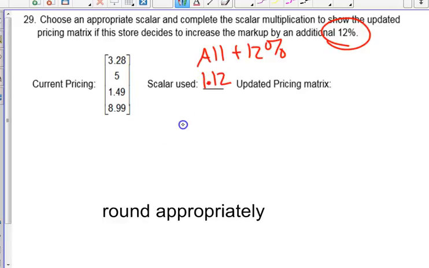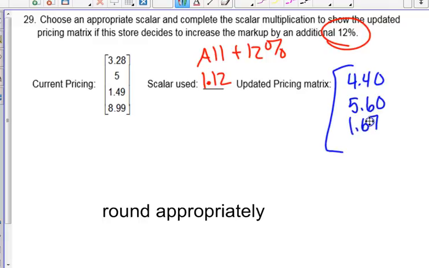So if I multiply every one of those by 1.12 and round to the nearest tenth, I get $4.40, $5.60, 167, and 10.07. Round to the nearest cent. Okay, last question.